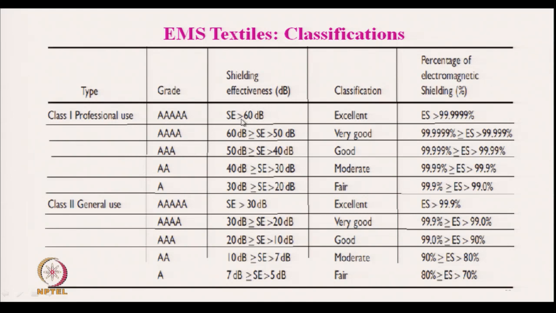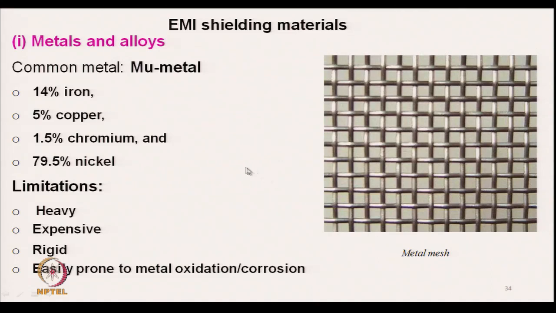If the shielding effectiveness is more than 60, we can call it excellent shielding, where the percentage of electromagnetic wave being blocked is more than 99.99%. On the other hand, for normal application, if the shielding effectiveness is more than 30 decibel, we can call it excellent.